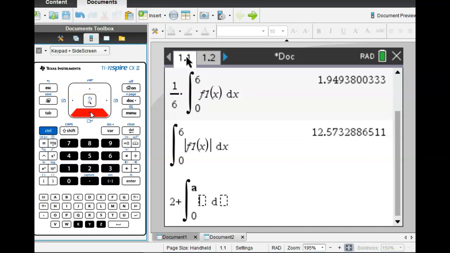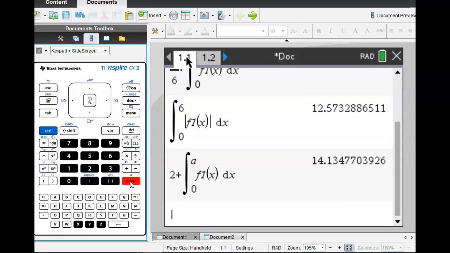And v of t is really f1 of x. And then dx. Boom. 14.135 or 1347.